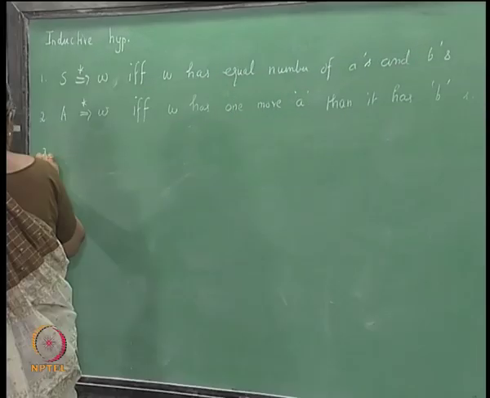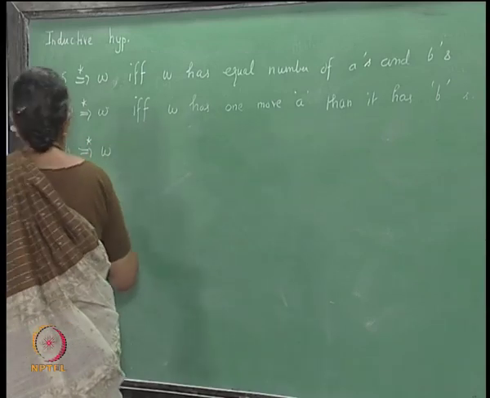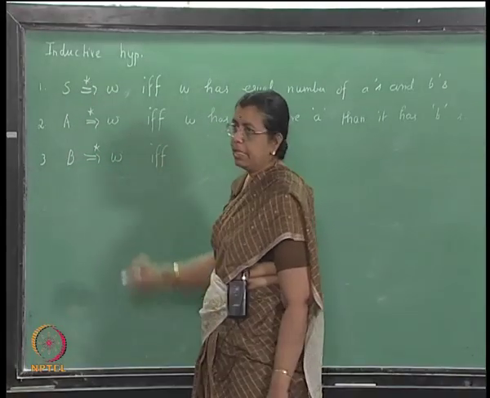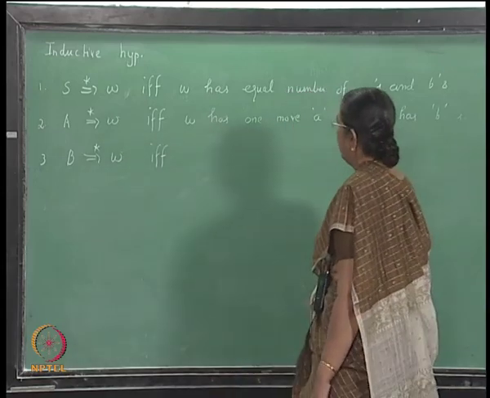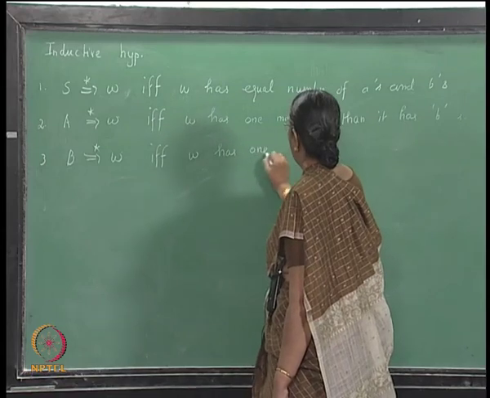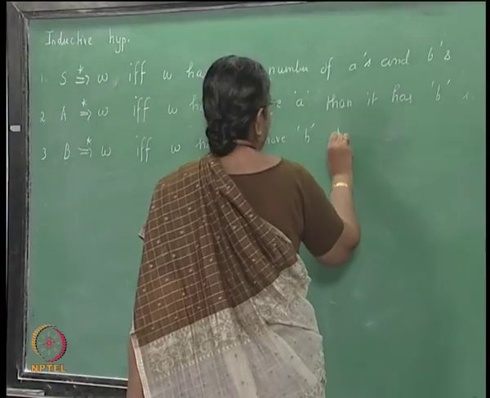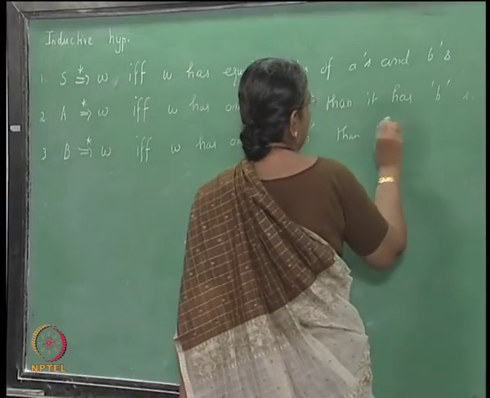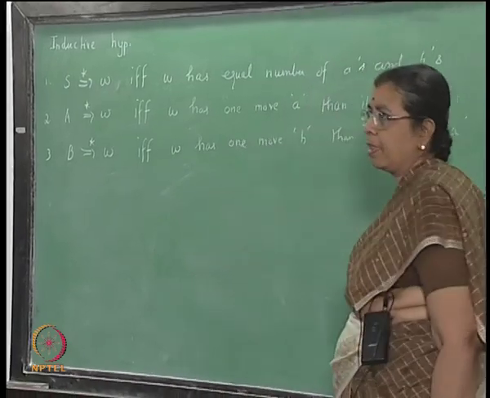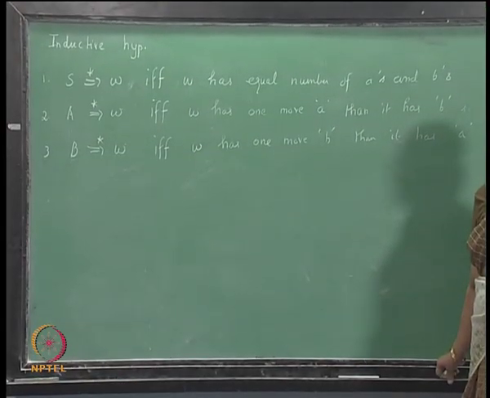Then another step would be, a string is derivable from B, a terminal string, W is a terminal string, if and only if W has one more B than it has A's. So, this is the inductive hypothesis.